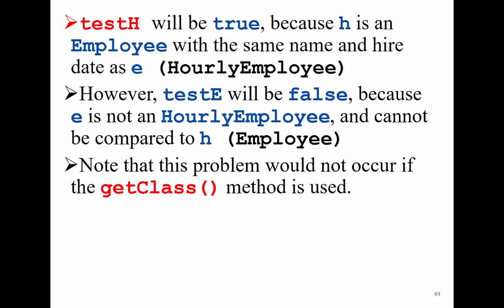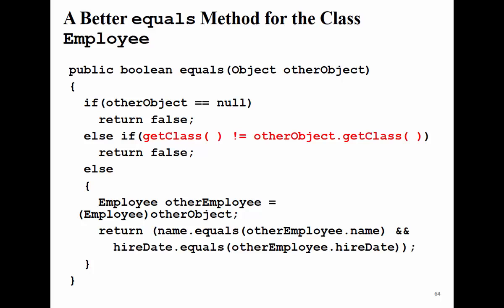Okay? The best way to do equals is to use getClass. So whenever I say that two objects are equal, I will look at the type of the class that I used with the new operator. Now this is the better equals method inside Employee.